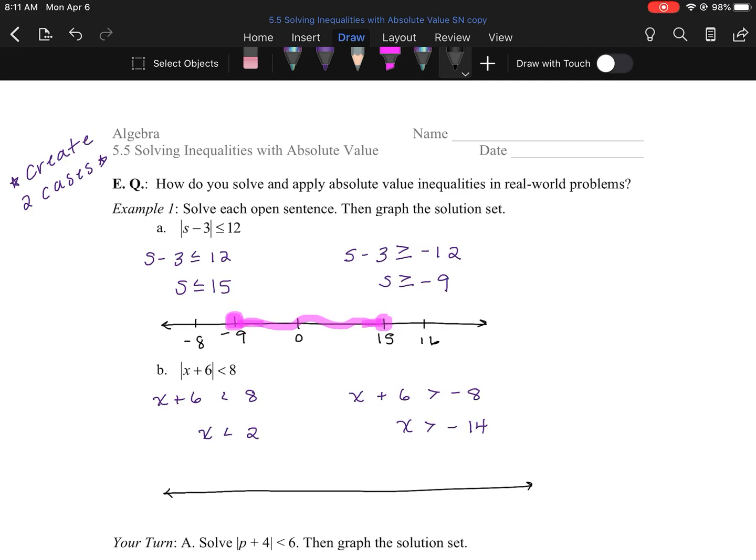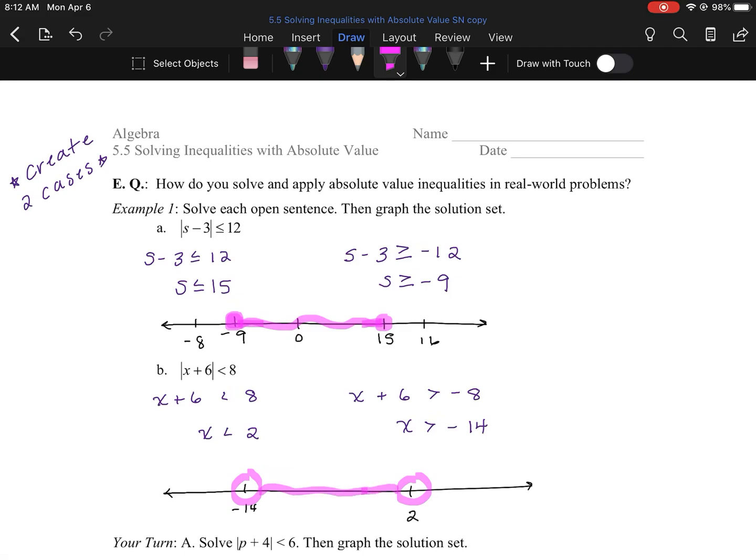So now we need to go ahead and graph this. Negative 14 is on the left. Positive 2 is on the right. So we have an open circle at negative 14 now, an open circle at 2.